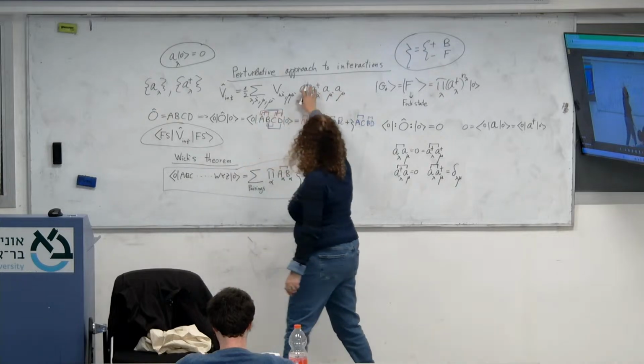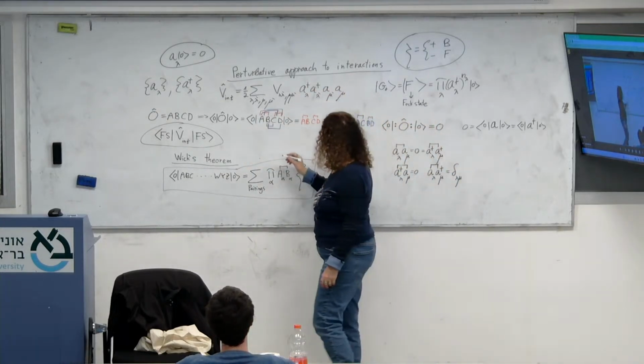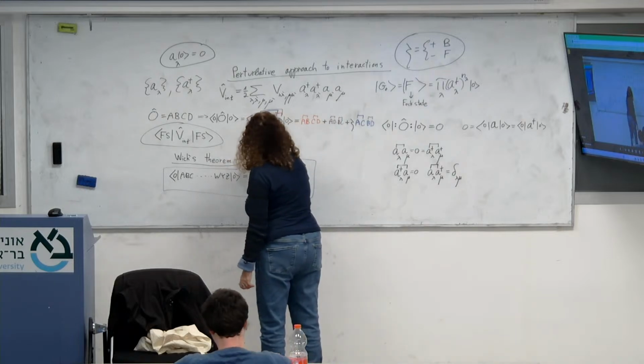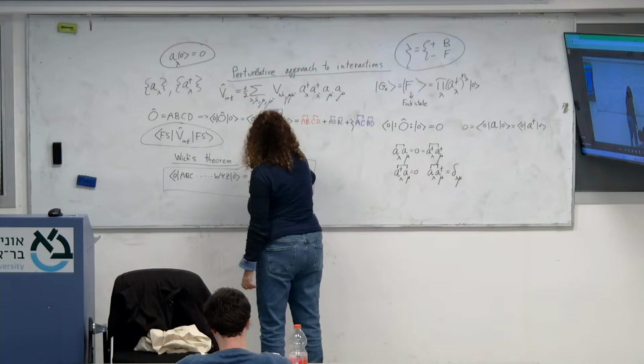So we take one particular term out of this with dummy indices, and let me write it down: A lambda dagger, A lambda prime dagger, A mu prime, A mu.